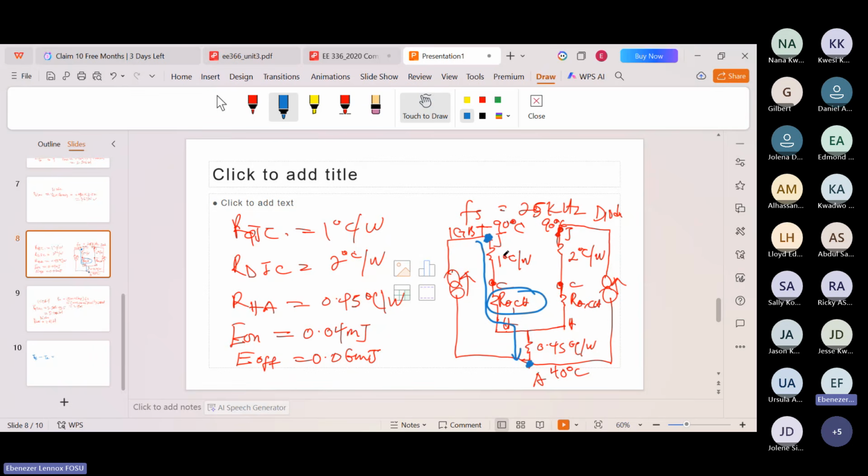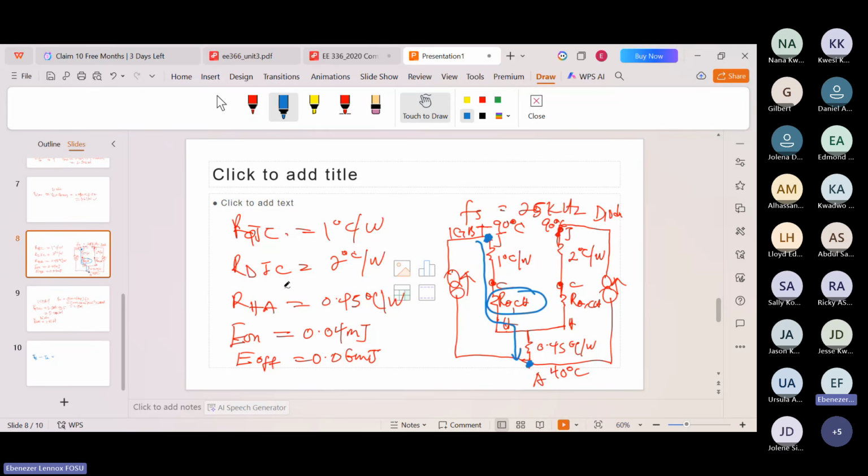All right. We know that this resistance and that resistance are in series, so we have the power loss in the IGBT flowing through both. But when you come to the case heat sink to ambient resistance, you have both the power loss in the IGBT and the diode flowing through it.